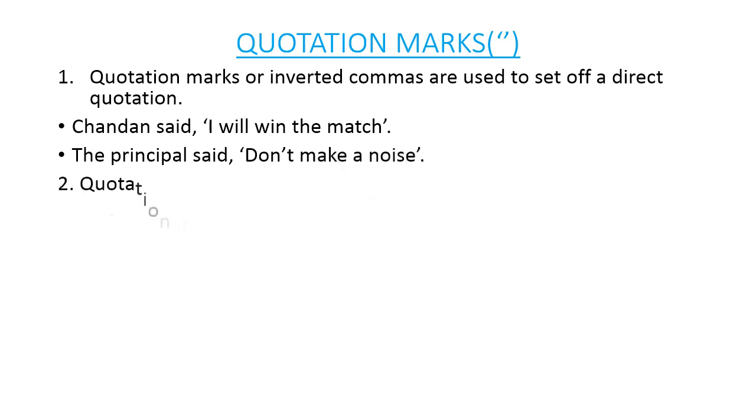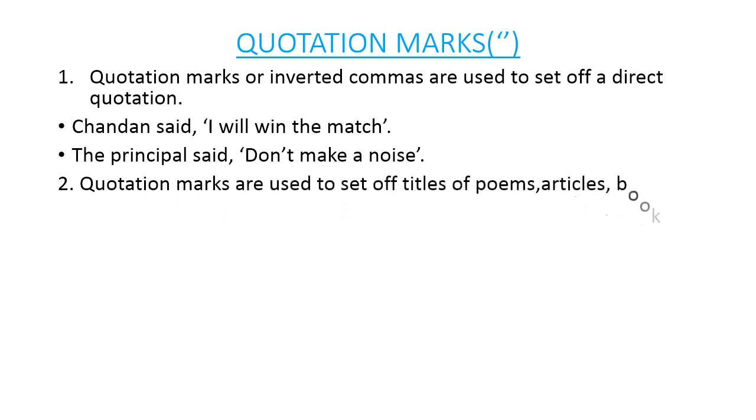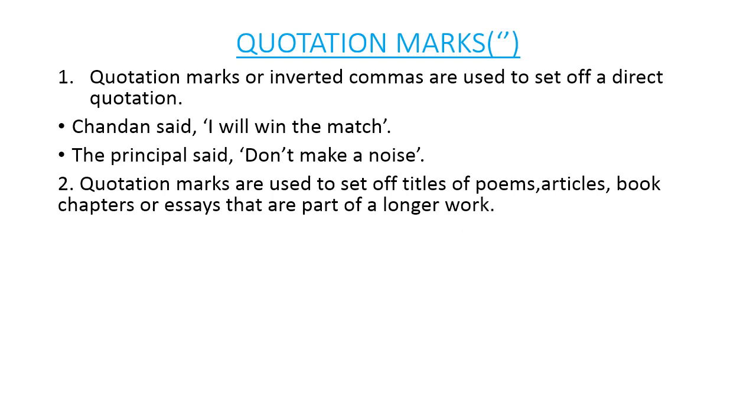Next. Quotation marks are used to set off titles of poems, articles, books, chapters or essays that are part of a longer work. It means when you highlight a line of a poem, article, book, chapter, or essay, then also we quote it with a quotation mark.